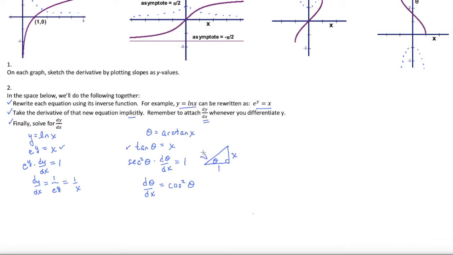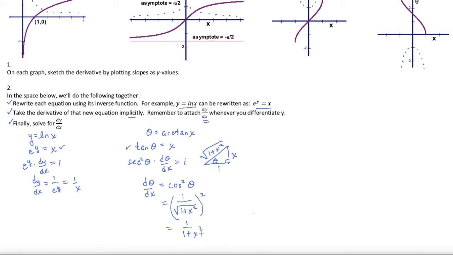And that makes the hypotenuse the square root of 1 plus x squared. So our cosine squared then is going to be 1 over the square root of 1 plus x squared, all being squared. Cosine is adjacent over hypotenuse. And that simplifies to 1 over 1 plus x squared. And that's the derivative of arctangent.